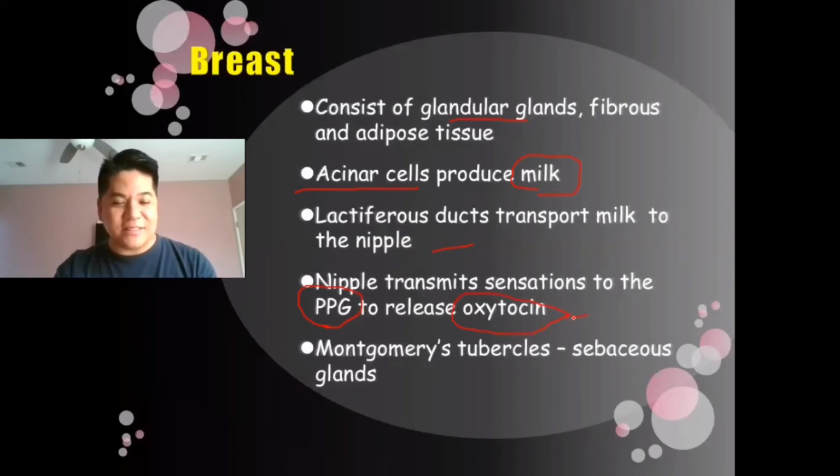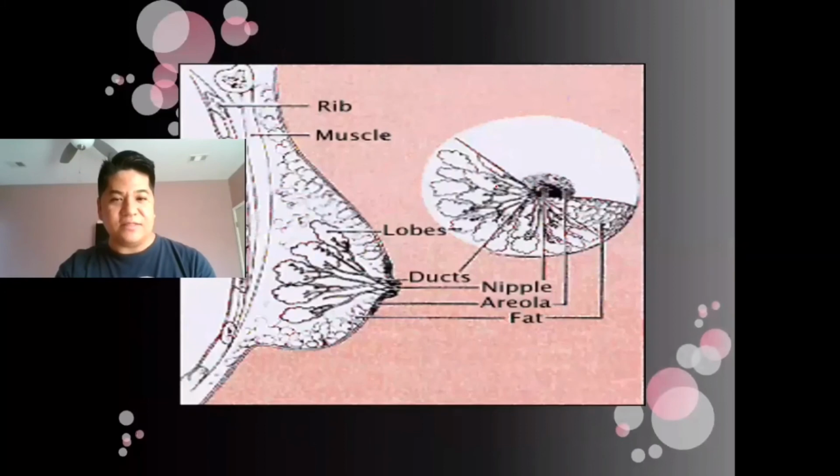Remember, oxytocin is very important for stopping the bleeding, through contraction of your uterus. And it has Montgomery tubercles, which are sebaceous glands on that area of the breast. So this is one.